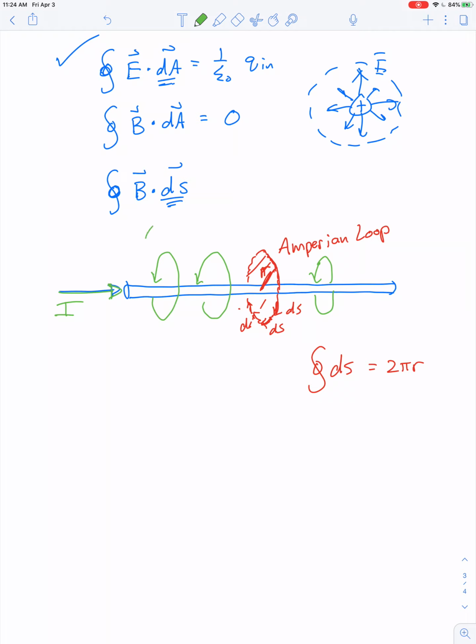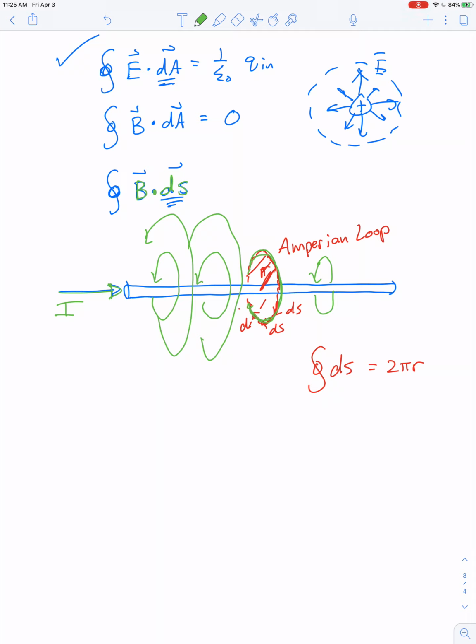And these field lines continue. The farther afield you get, the weaker. So anyway, there are some magnetic field lines that lie along my Amperian loop. So there's a dot product between magnetic field and the path that I've chosen.